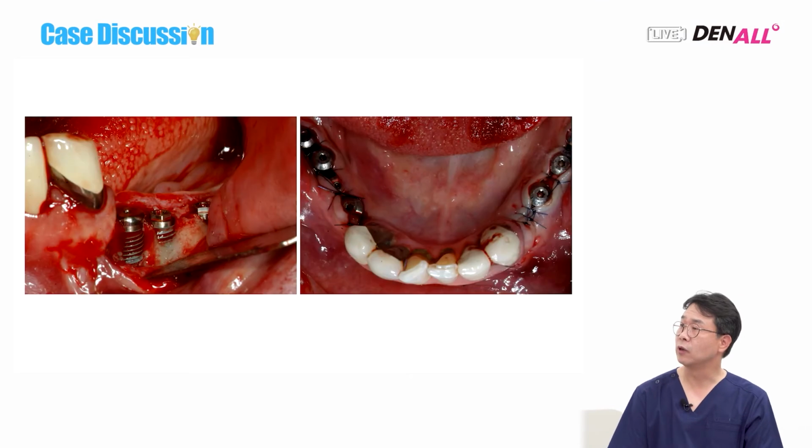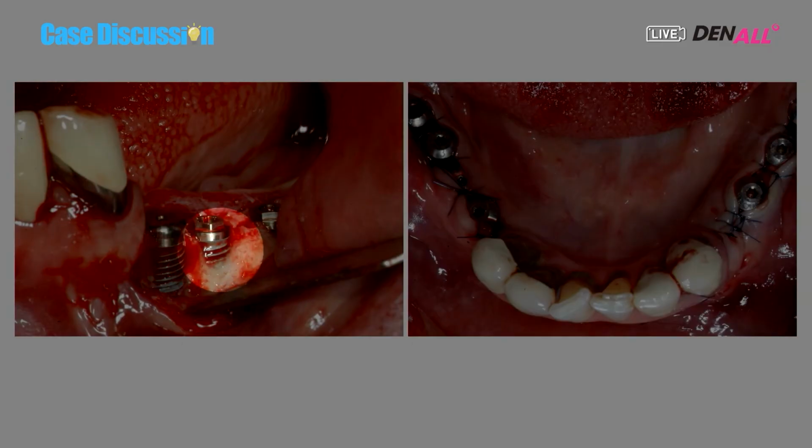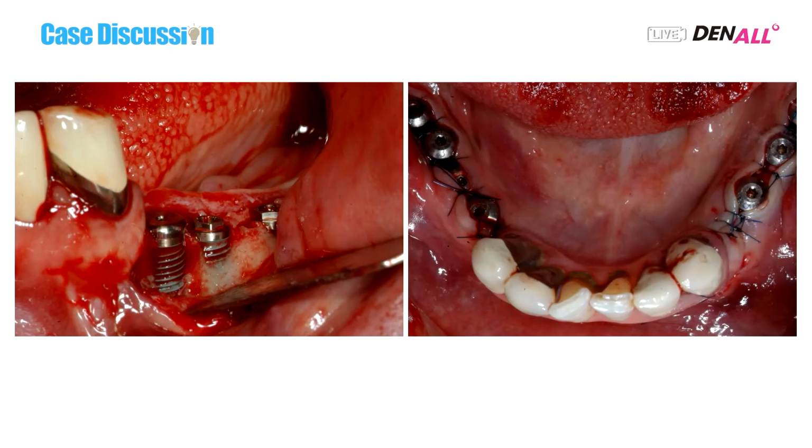That's a very good question. With the frequently encountered dehiscence defect, if you look at the shape of the defect after implants are placed, here they are clearly exposed. I didn't show you the GBR steps.